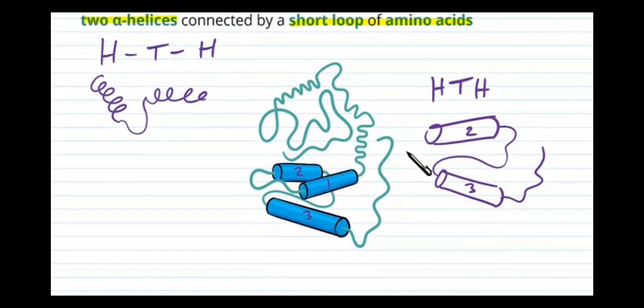So this is the conformation of the Homeobox protein having a specific conserved sequence called the homeodomain, and this homeodomain has the conformation of helix turn helix, where helix number 2 turns and joins with helix number 3, and in between them there is a short loop of amino acids.